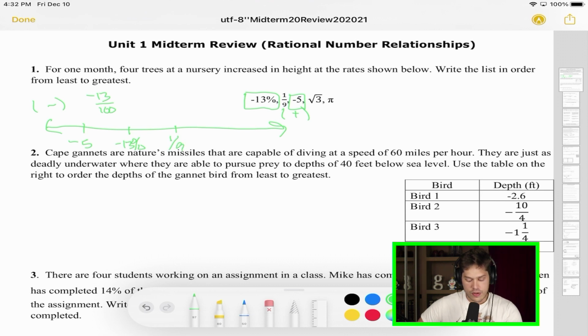Then we have square root of 3, and we know square root of 4 is 2, and so we know that square root of 3 is a tiny bit below 2, so that's going to be next, square root 3. And then we know pi is equivalent to 3.14, so our greatest value here is pi. So here are our numbers in order from least to greatest.